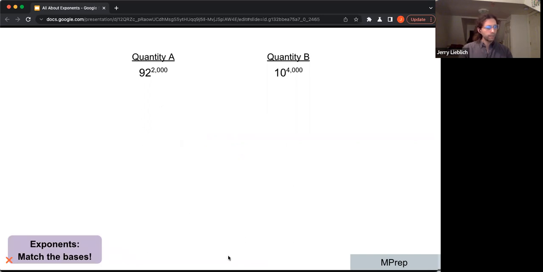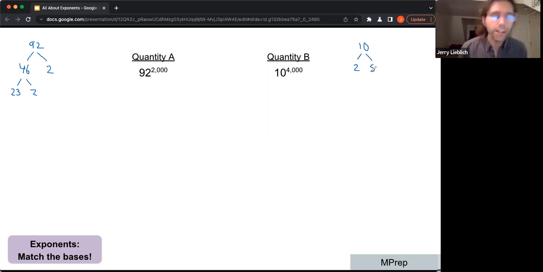Now, if I'm looking at this, first thing I might notice is if I do a prime factorization of 92, I'm going to get 46 times 2. 46 breaks into 23 times 2. Whereas 10 is going to break down into 2 and 5.